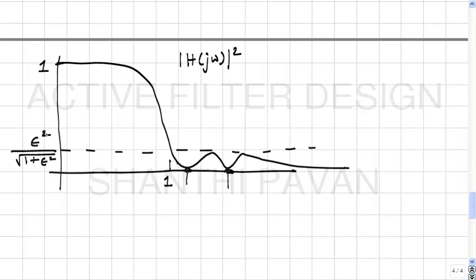This must become epsilon square by 1 plus epsilon square. Is that clear? So now this must be 1 by 1 plus f of omega square.